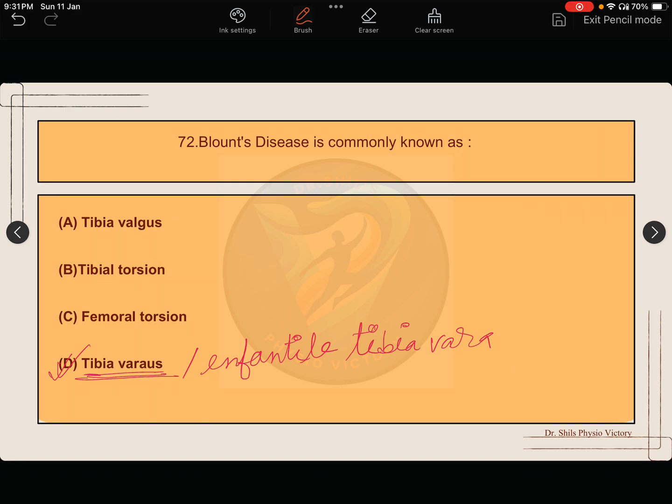Basically, it is a developmental disorder of the proximal tibial growth plate. It leads to progressive bowing of the lower leg below the knee.